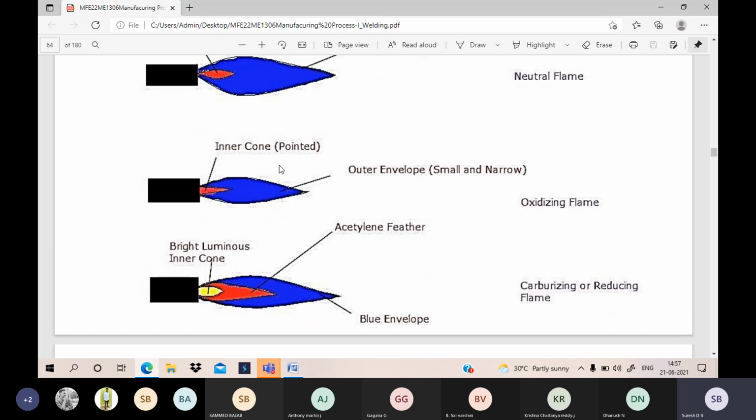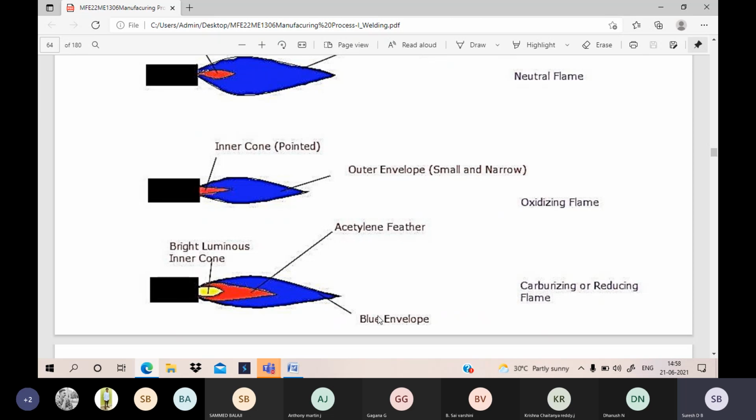In this reducing or carburizing flame, three different parts are there. This yellow color indicates the bright luminous inner cone. Next, the red color indicates the acetylene feather.